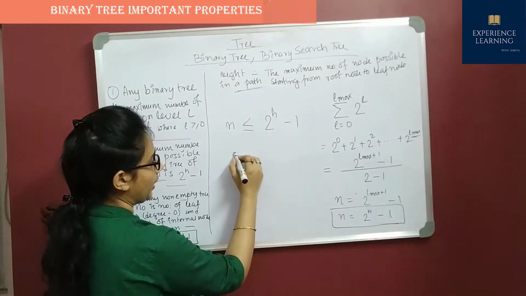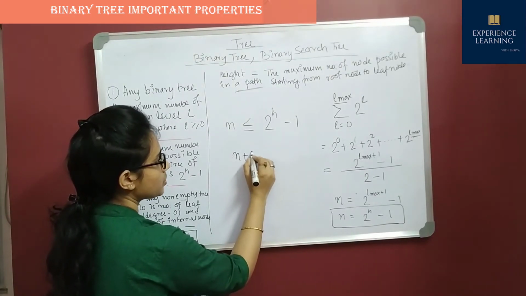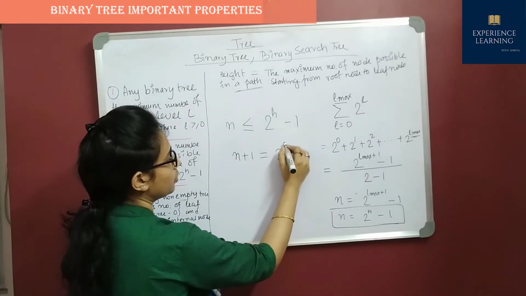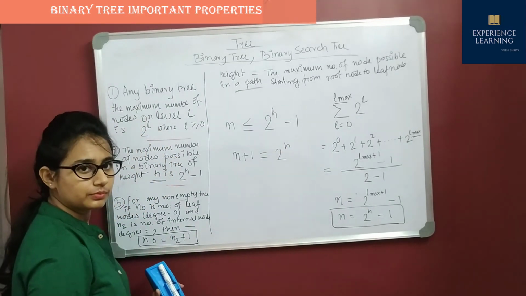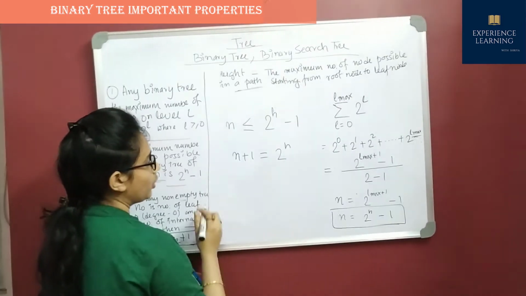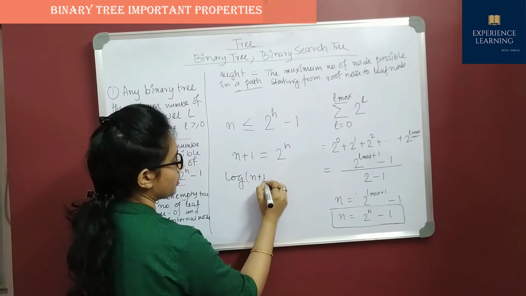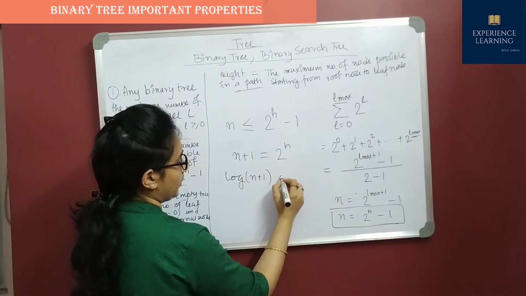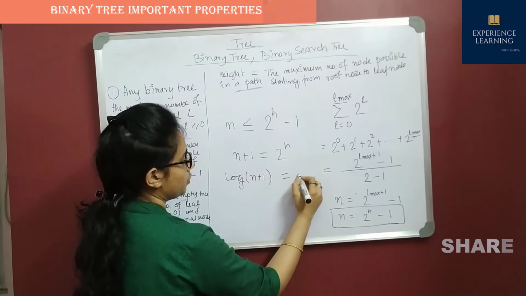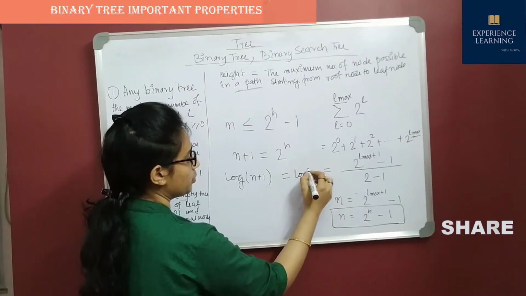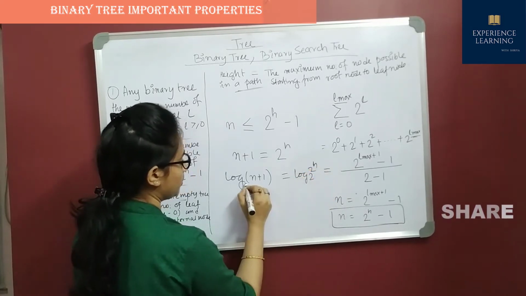Now n plus 1 equals, if I want to equate it, 2 to the power h. Apply log on both sides. So log of n plus 1 equals log base 2 of 2 to the power h.